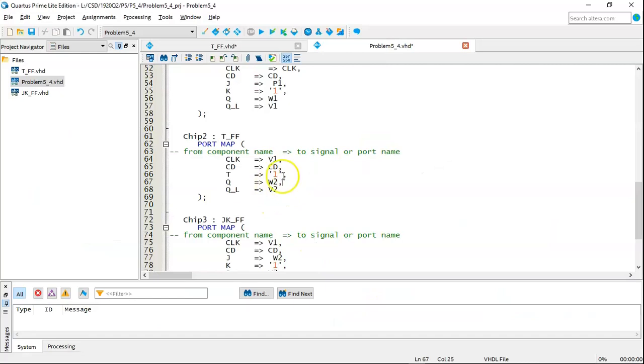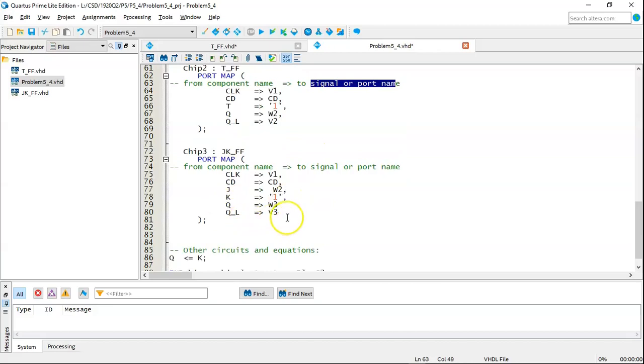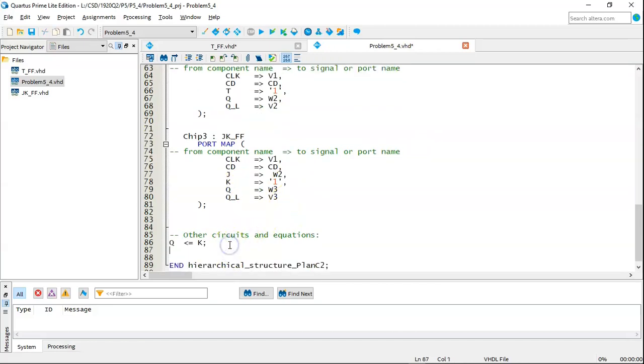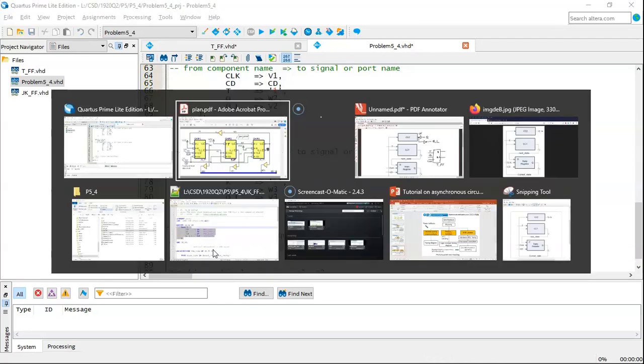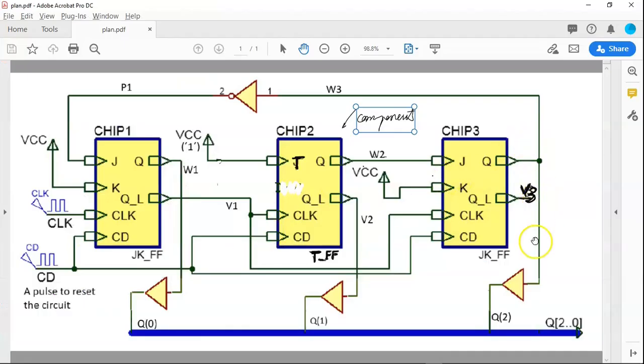And that for every single internal name from the component and the external signal or port. And the chip 3 the same thing, okay? So now you only have to add down here the additional buffers. For example, you have to say that the Q2 is something like what? What is what you see here that is Q2?